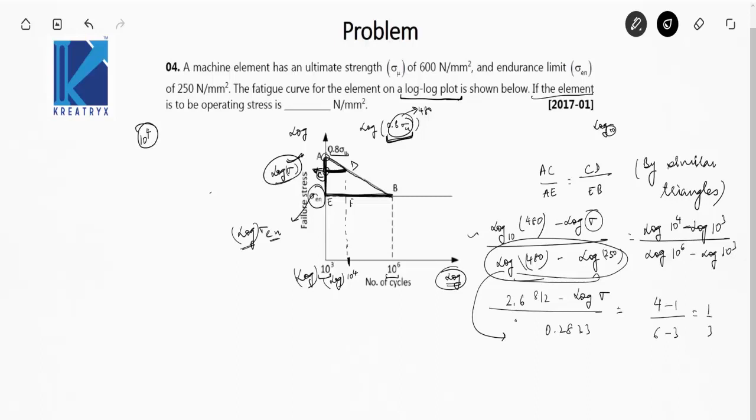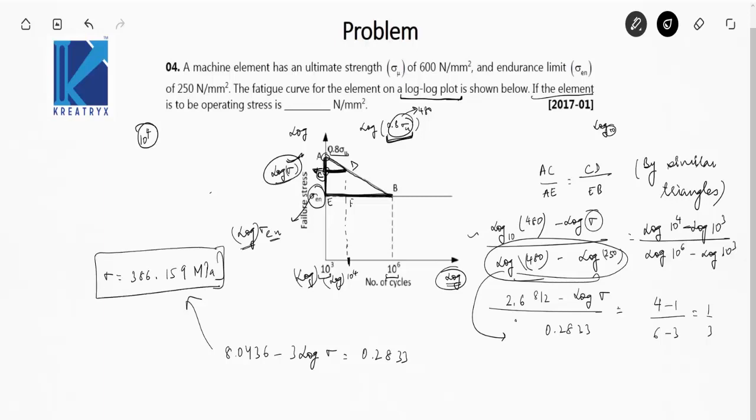On further solving you will get 8.0436 minus 3 log sigma equal to 0.2833. Solve this and you will get sigma equal to 386.159 megapascal. You directly get it in megapascal because you have put the values in megapascals only.